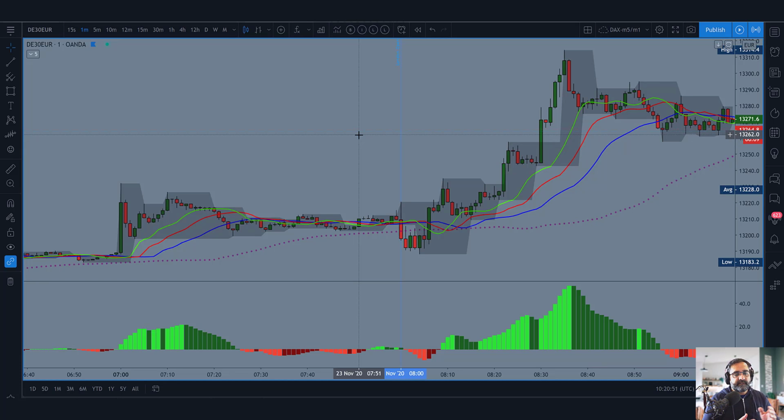And it was common sense that the smaller the number was, the higher the probability of a move in that direction. So let's say you take the example of a DAX.